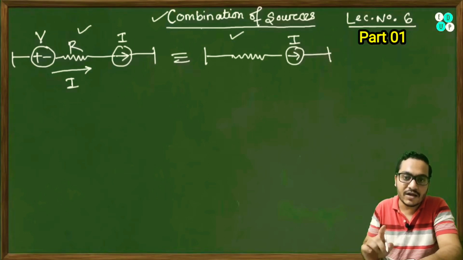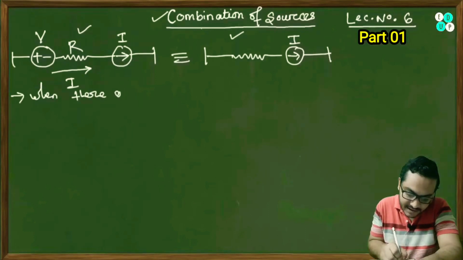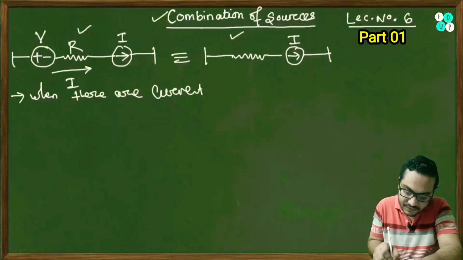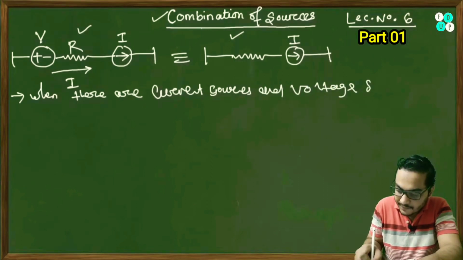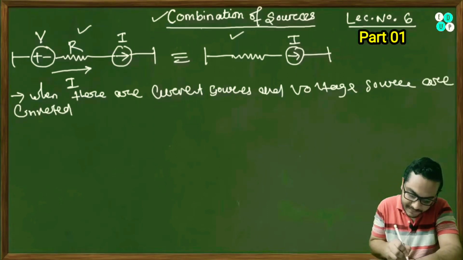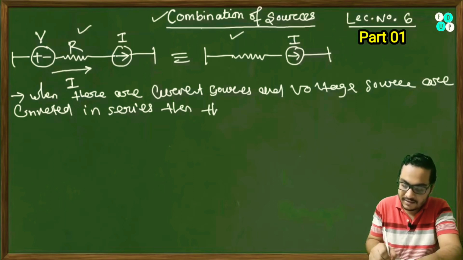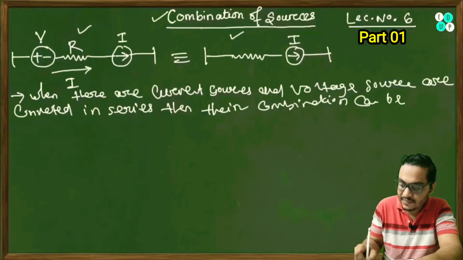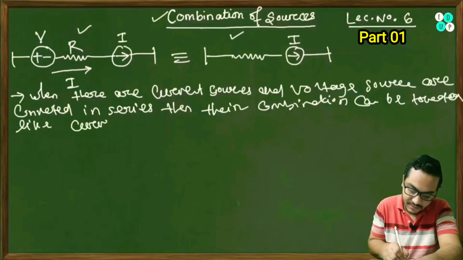So always remember this point: when a current source and a voltage source are connected in series, then their combination can be treated like a current source alone.